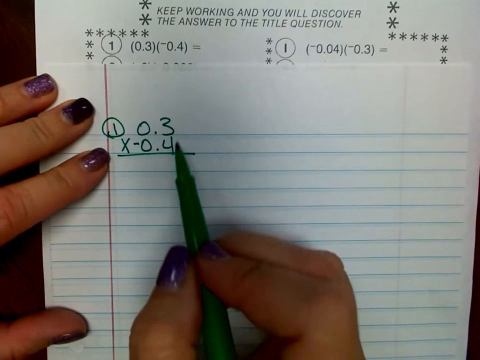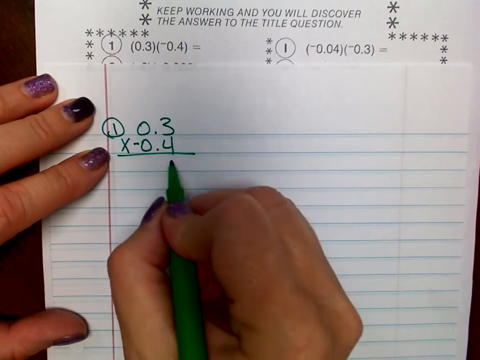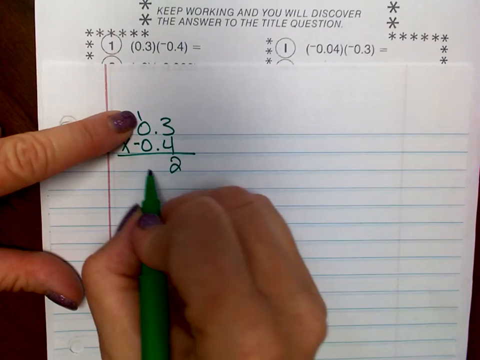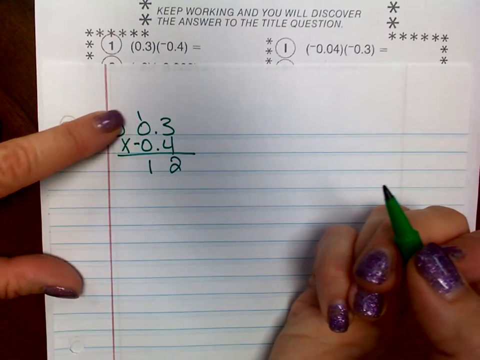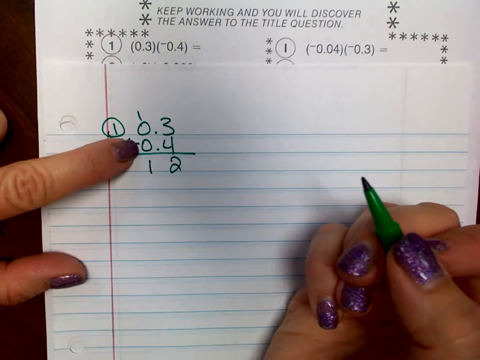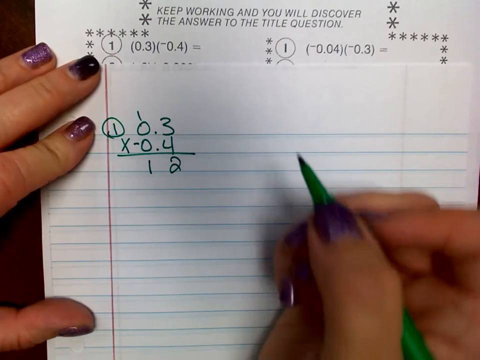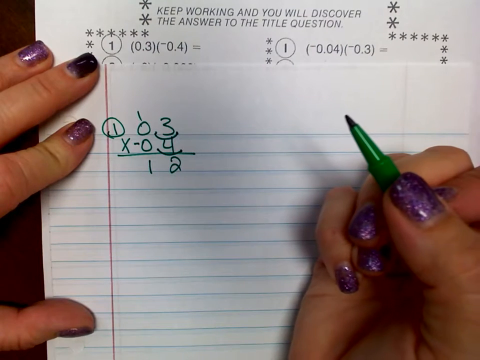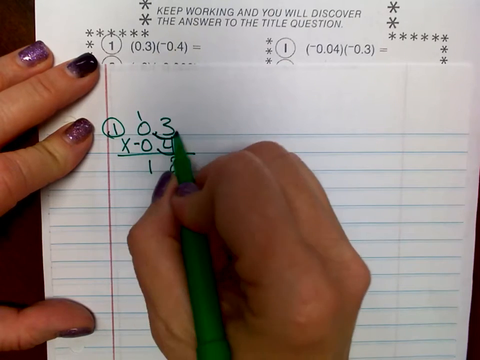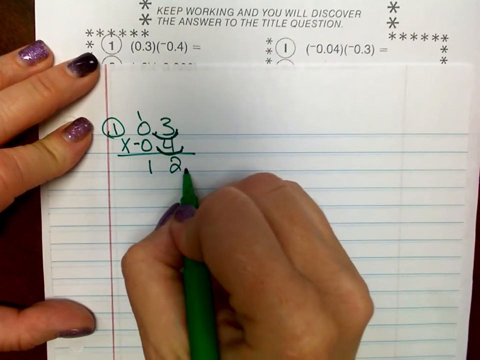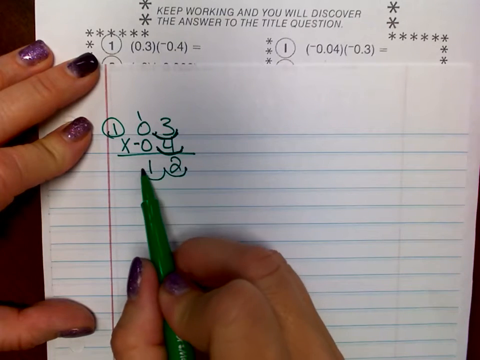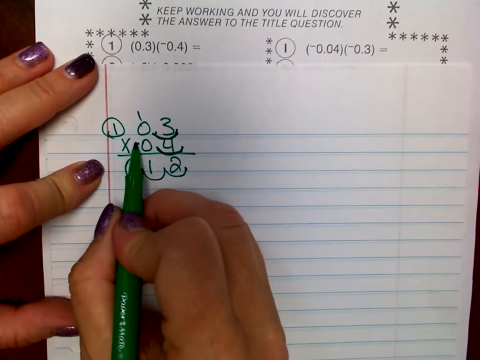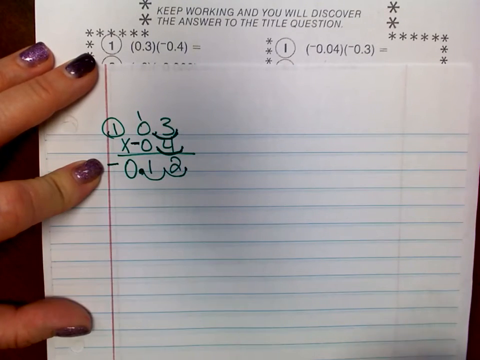Okay, so 3 times 4 is 12, carry your 1. 4 times 0 is 0, but then you have to add the 1, so it ends up being 12. 0, I don't really have to multiply that because it's going to add zeros to it. So let's count our decimal spots. 1, 2. It's not like adding and subtracting. Count your spots. Start behind the whole number and go 1, 2. Always put your 0 in front of your decimal. Don't forget the negative. So there you go.